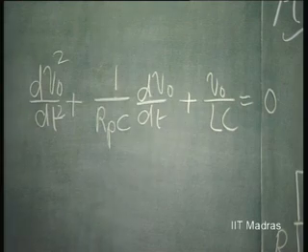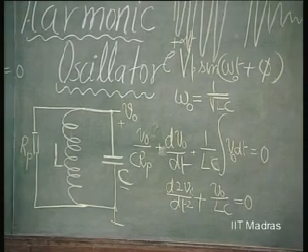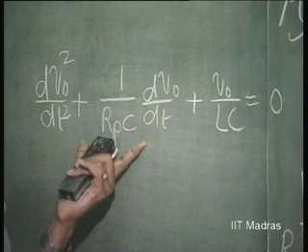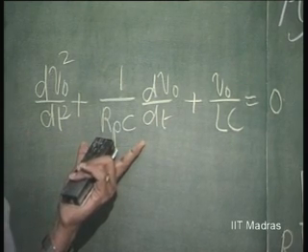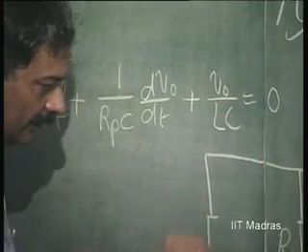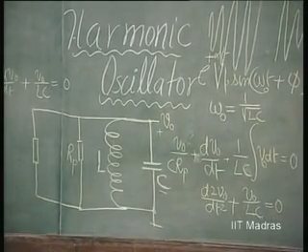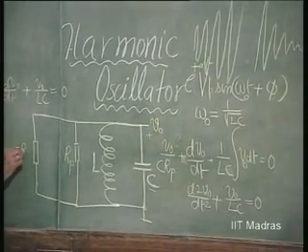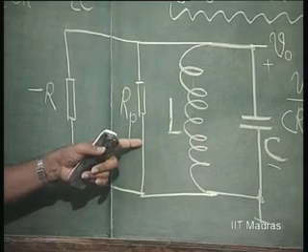So, how to make it an oscillator now? Because this is going to cause decay of whatever oscillation amplitude that exists. So, ultimately it will become 0. That means I will have to connect another resistance across this, whose value is negative, so that it cancels with this.